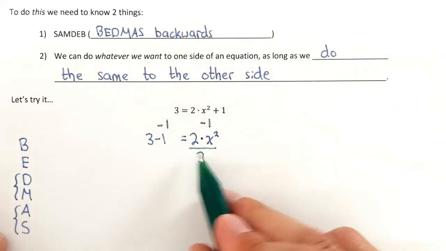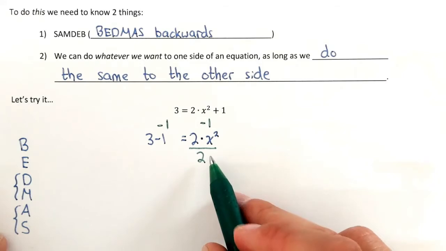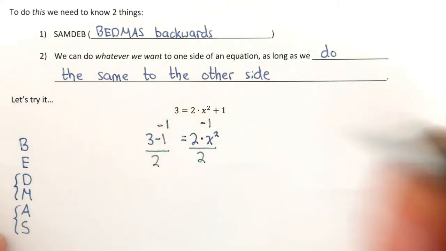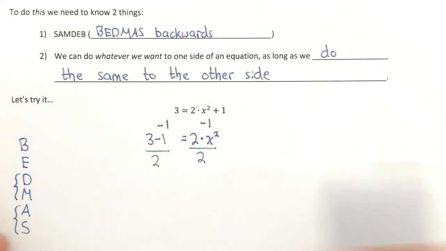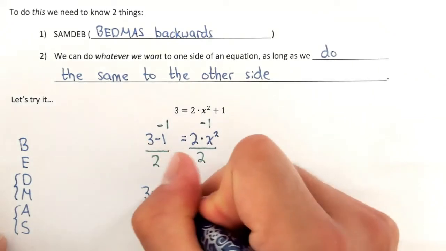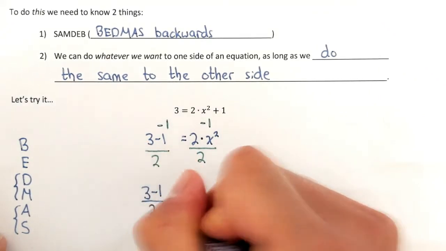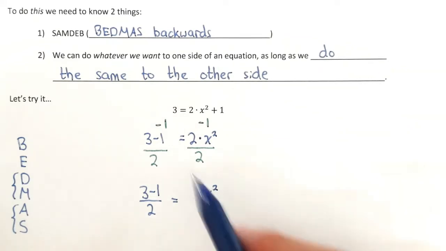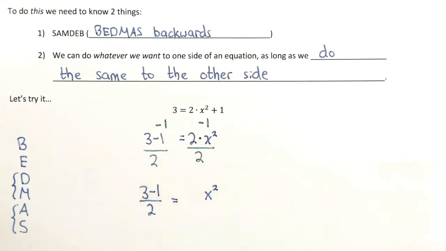So I need to do that to the whole side of the equation and to the whole of the other side. Rewriting this, it gives me 3 minus 1 over 2 equals x squared, because these 2's will cancel out. Again, that was the whole point of dividing by 2.